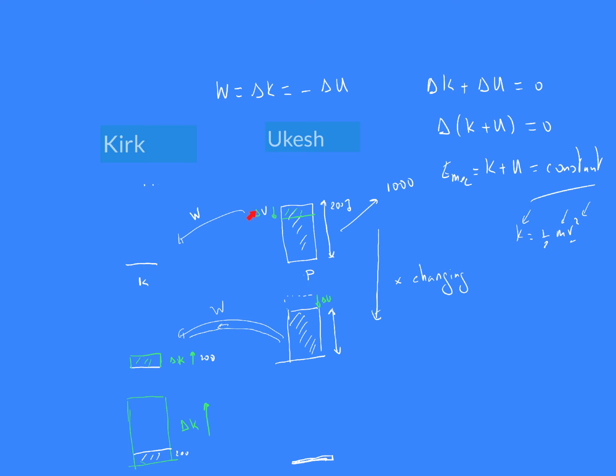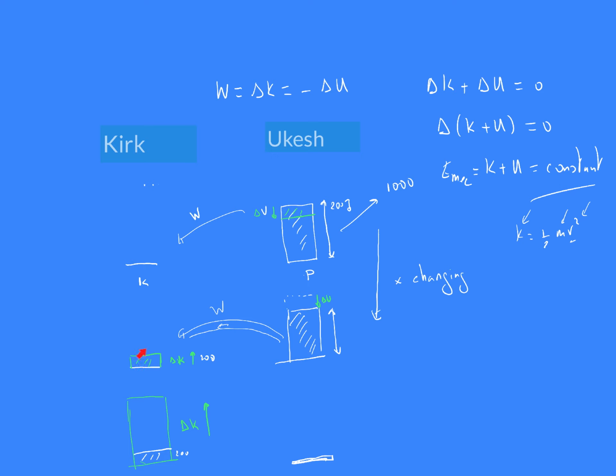So we do a positive work, and we put kinetic energy on the body. When we do the work, the kinetic energy will increase, delta K. Let's say that we do a work of 200 joules. So we place 200 joules of kinetic energy on the body.